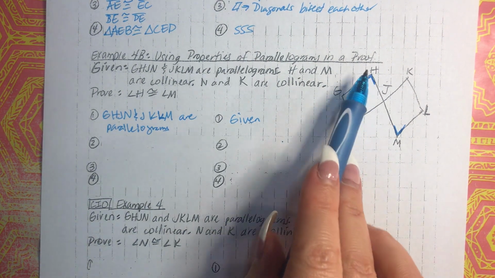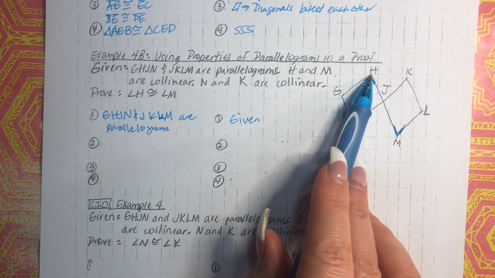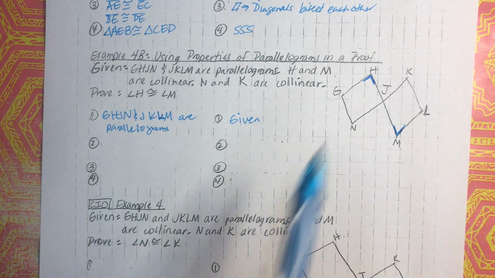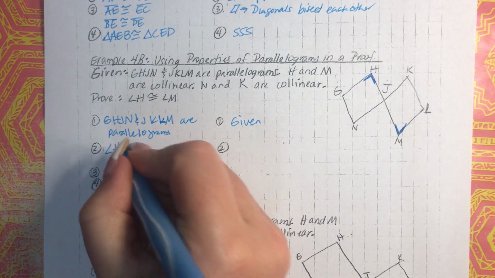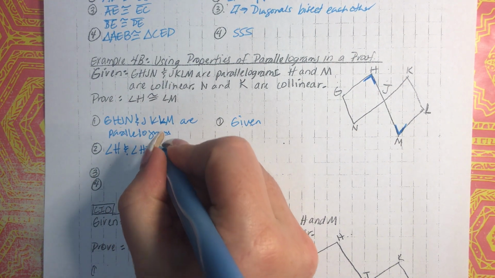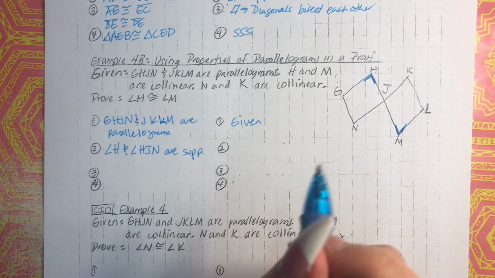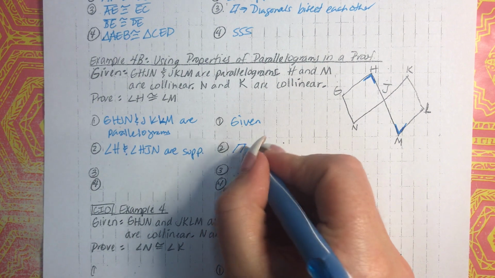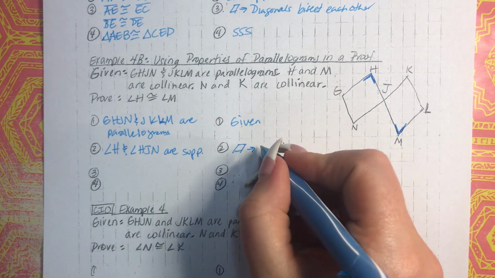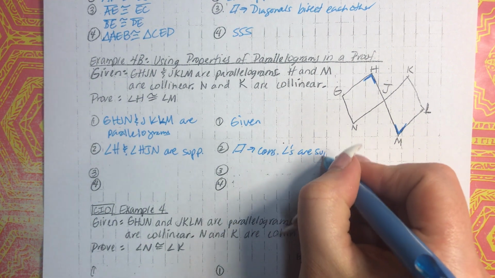So let's go ahead and say that angle H is supplementary to HJN, this angle here. Angle H and angle HJN are supplementary, because if it's a parallelogram, then consecutive angles are supplementary.